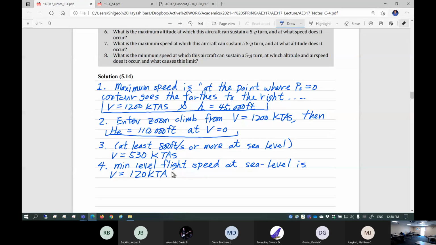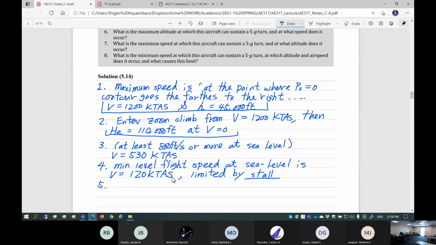Do you agree? I said 130. 130-ish, or 120, 116, something like that. Whatever. Okay, 120. Sure. And this is limited by stall. In other words, if you fly slower than this, the airplane stalls.